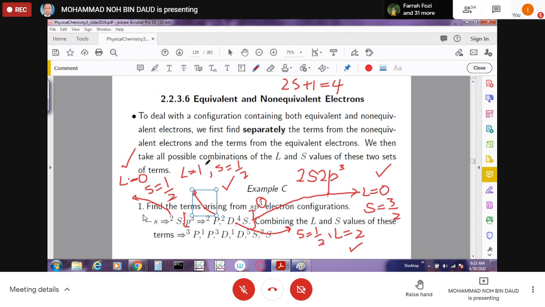This with this one, this with this one, this with this one, this with this one, with this one, to get these term symbols. You can also try this out, to get 1, 2, 3, 4, 6 atomic term symbols, using the angular momentum addition rules.